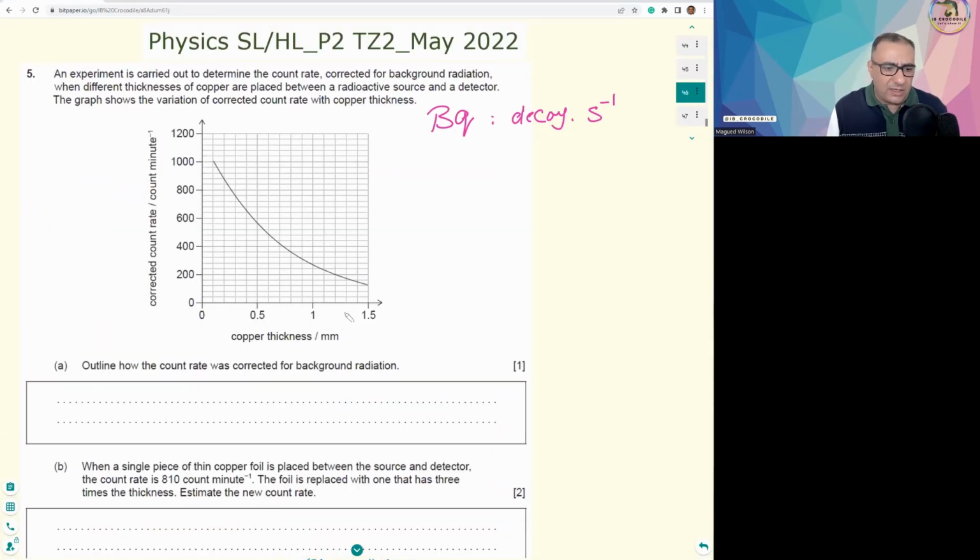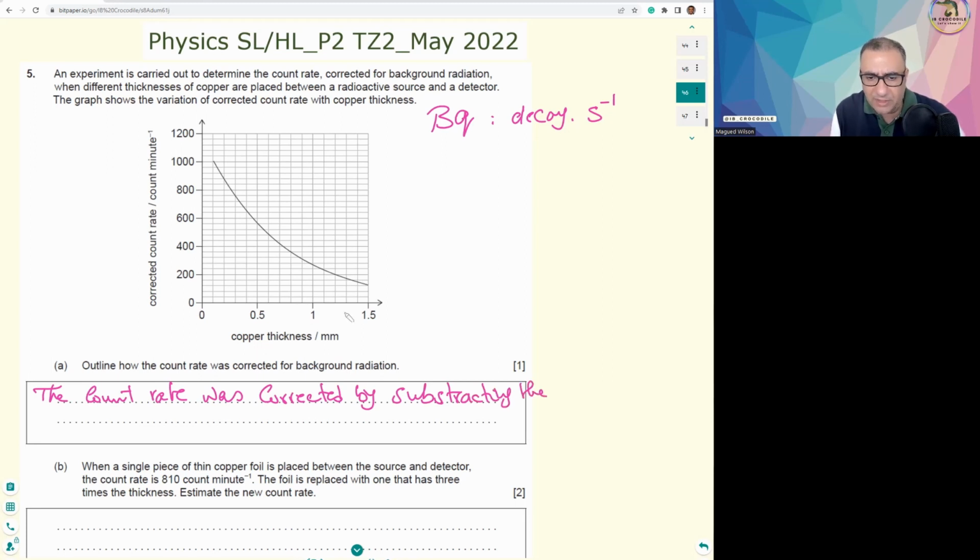So what I would say is: the count rate was corrected by subtracting the average background radiation. Let's say you took a few readings for the background and then took the average. This is what you normally do to reduce the random error.